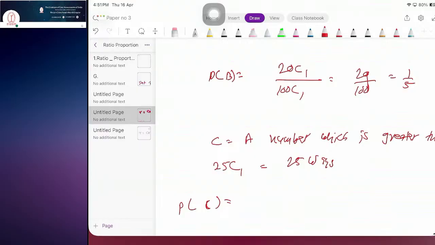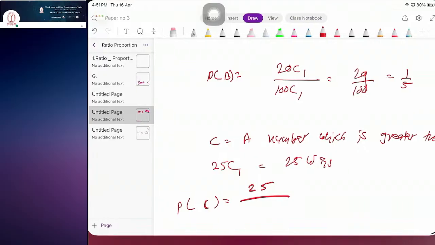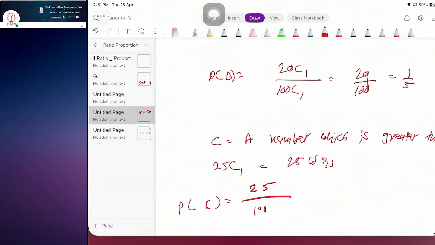The count of numbers greater than 75, out of which you are selecting only one, is 25, and the total is 100 from which you have to select the 1. So that is 25 divided by 100. So it is 1 by 4. 1 by 4 is the answer of that question.